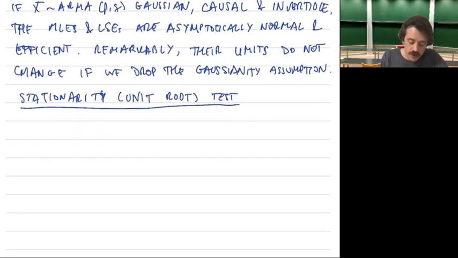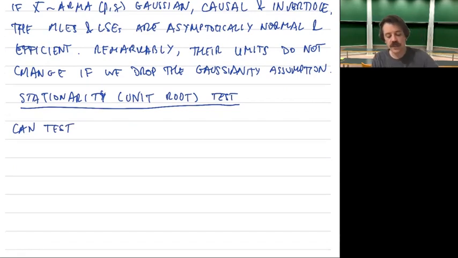Okay, so we can try to test. Of course, we could test stationarity in many ways. We could take as the null distribution just having stationarity, or we could take a stationary family of models as the null hypothesis, which is what we're going to do, which is a bit more concrete. And then we also need to define the alternative. We could have stationary versus non-stationary, but that would be a bit difficult. Instead, what we do is just test within the ARIMA framework.